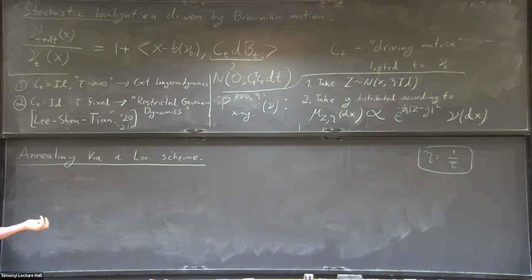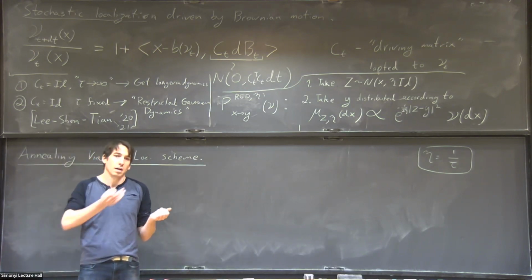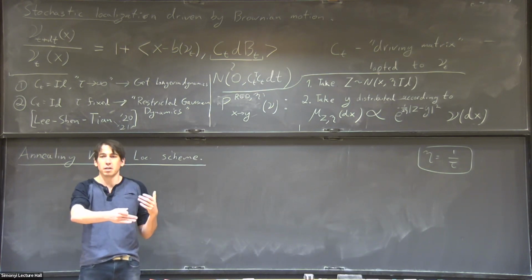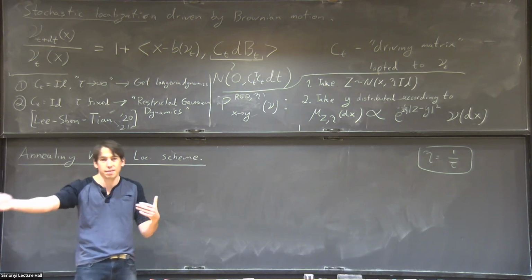I can concatenate them: I can produce a new localization scheme by running the first one up to some fixed time, and then the second one starting from the measure that I get at that time.